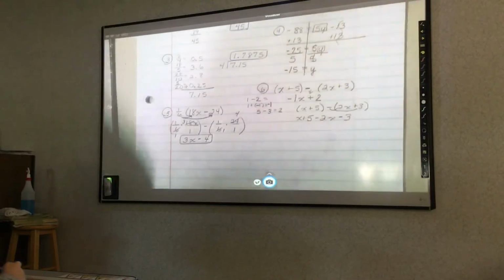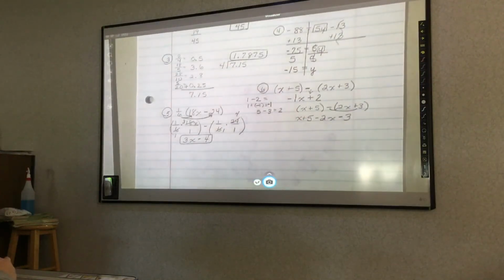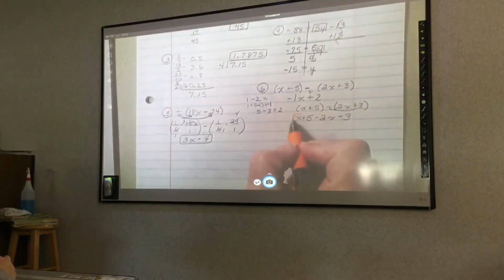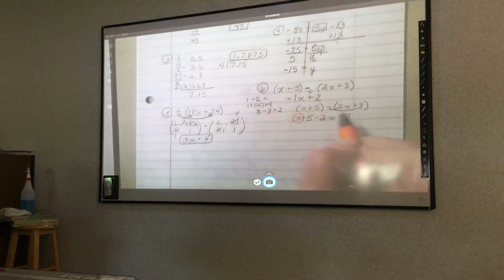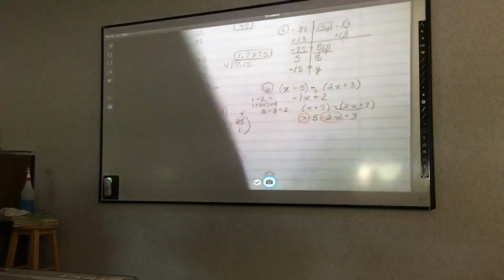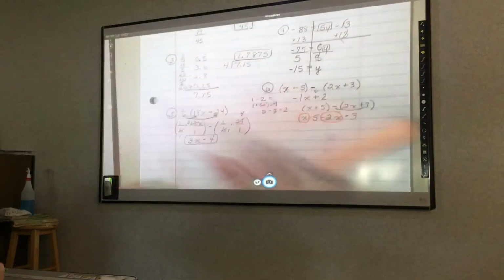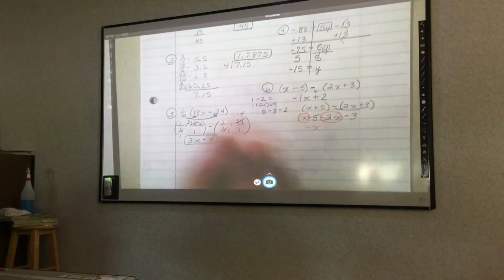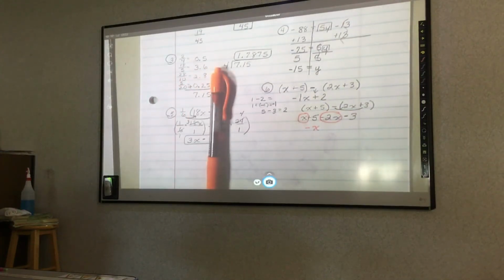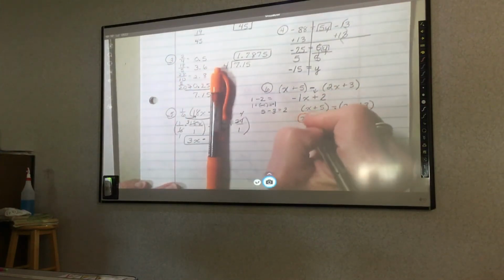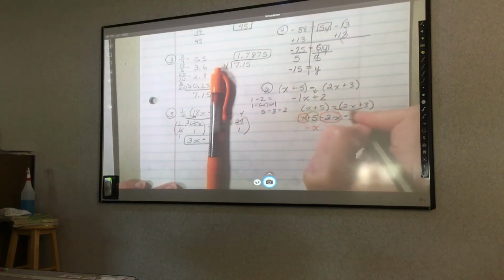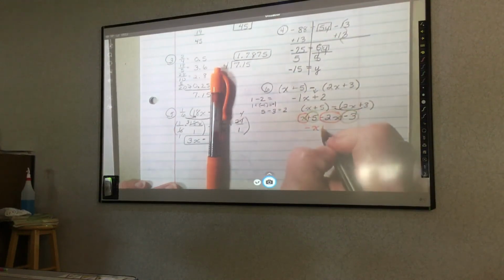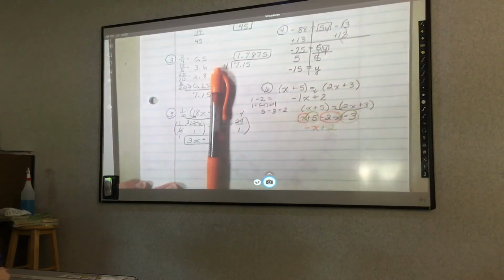Then we just combined our terms. A positive x and a negative 2x, which we said was a negative x. Then we have a positive 5 and a negative 3, which we said was a positive 2.